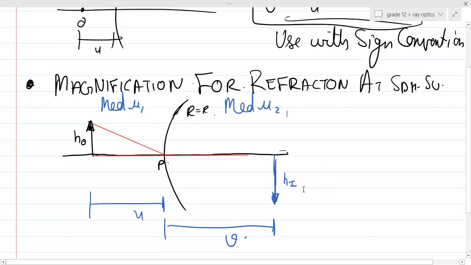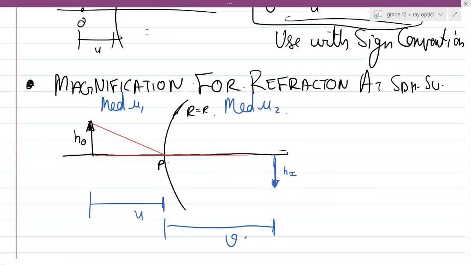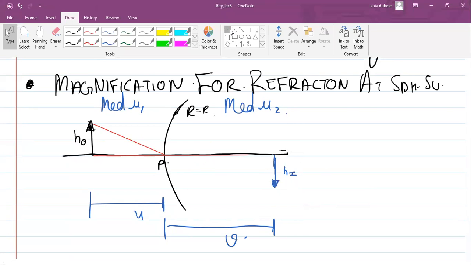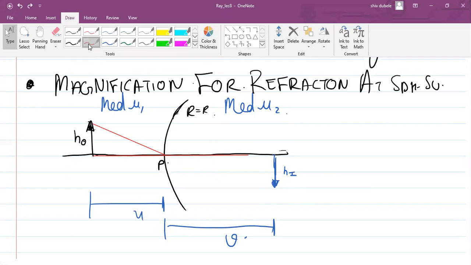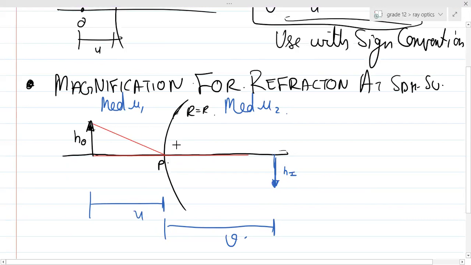So let's say light has changed its direction. So this angle is the angle of incidence and this is the angle of refraction.